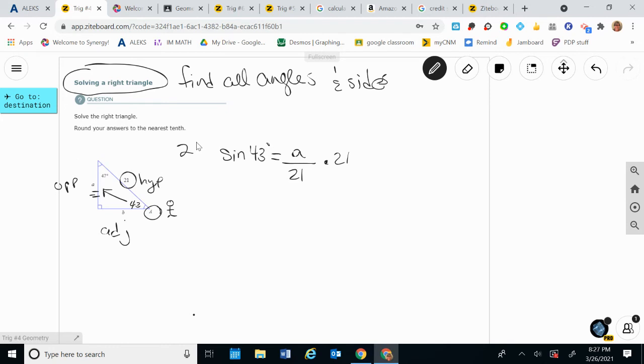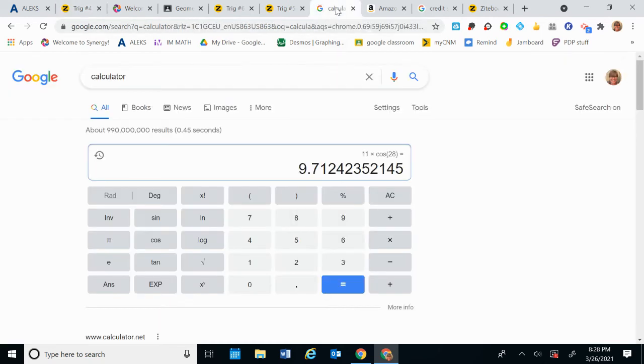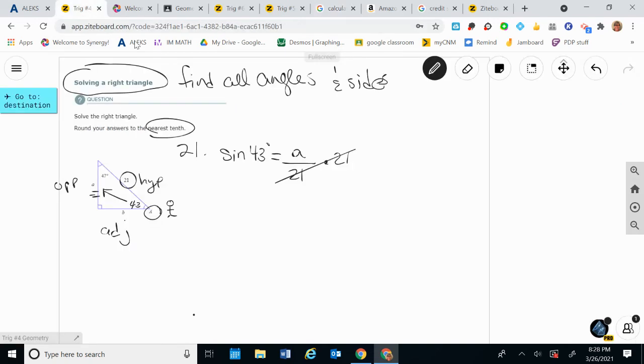Multiply both sides by 21, and you will get A is equal to 21 sine 43. Round to the nearest tenth. You plug that into your calculator, 21 times sine 43, 14.3. So A is 14.3.